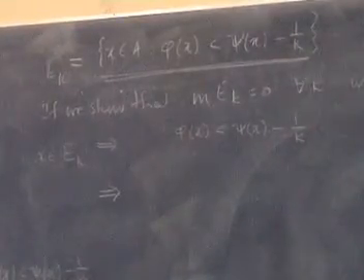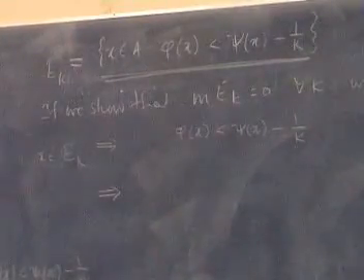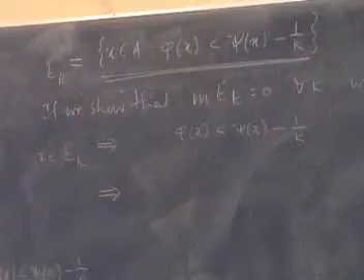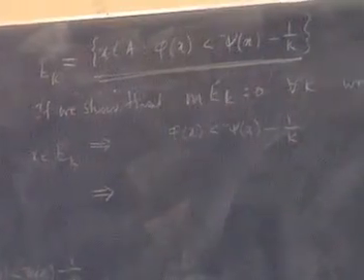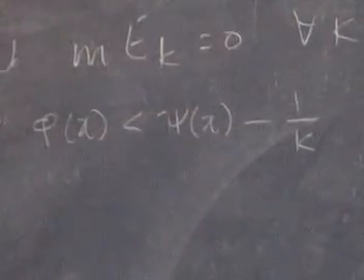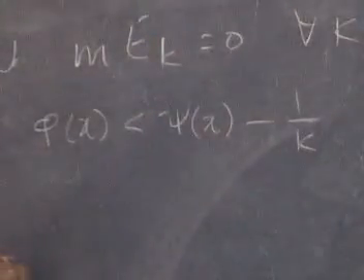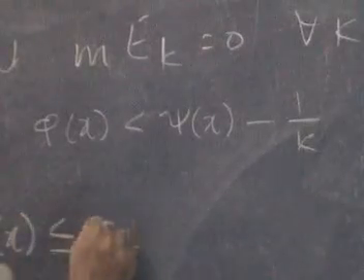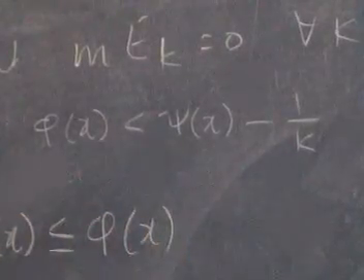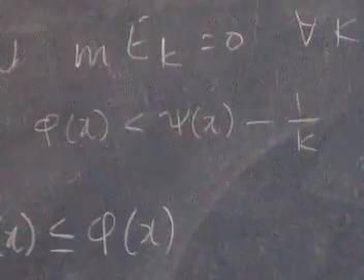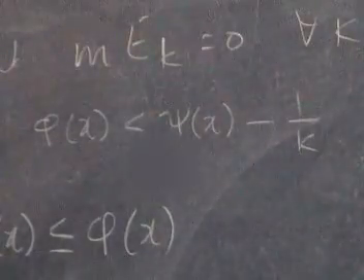The phi n's and the psi n's. Those are the simplest. I want to finally boil down the problem to the phi n's and the psi n's. Phi is the supremum of all these phi n's. So phi n x will be less than or equal to phi x. For what n? For any n. So, for all n, I have this.